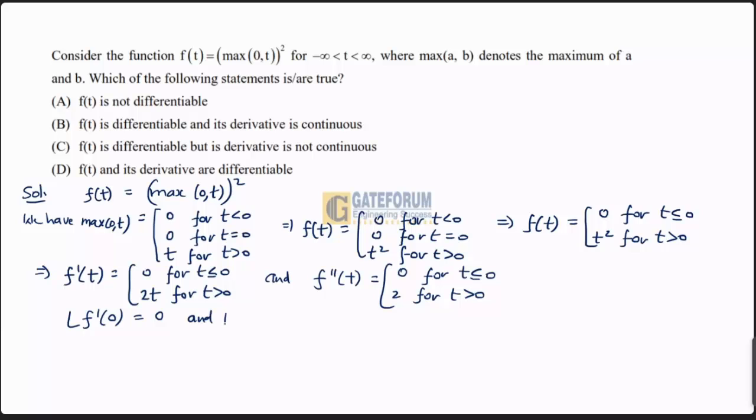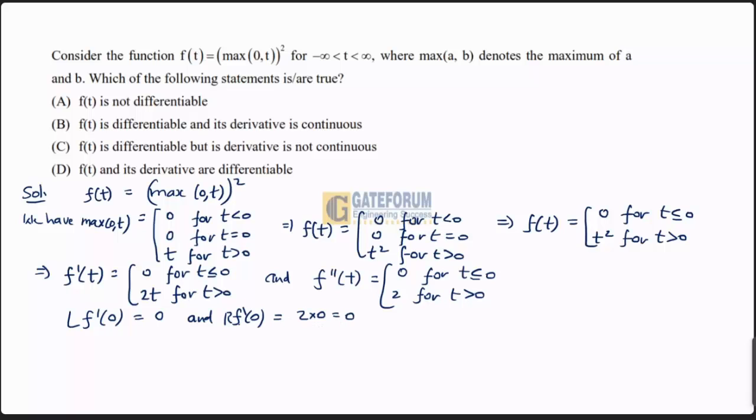And R f dash 0 is nothing but the right hand derivative of f of t, that is the f dash t value when t is greater than 0 and then t equal to 0. So 2 into 0 is equal to 0.